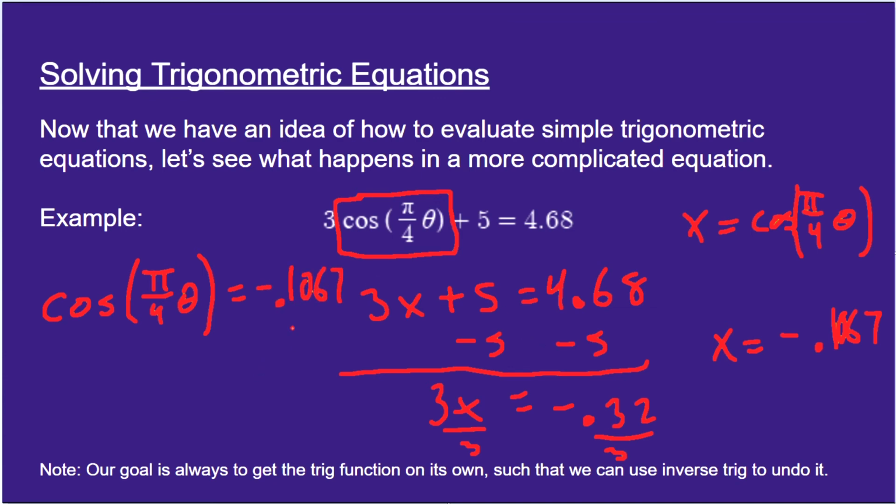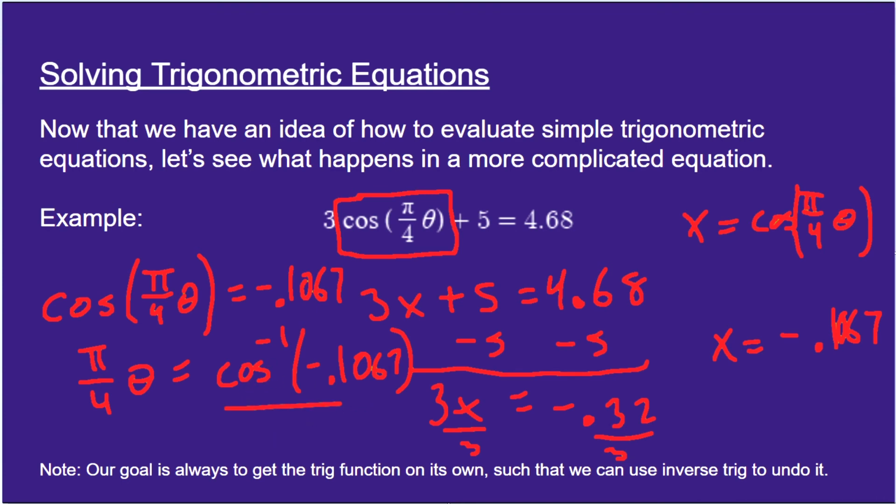So how do we undo cosine? Well, we simply use an inverse cosine. So we'll have pi over 4 theta equals the inverse cosine of negative 0.1067. All right, so we just need to evaluate this with our calculator.